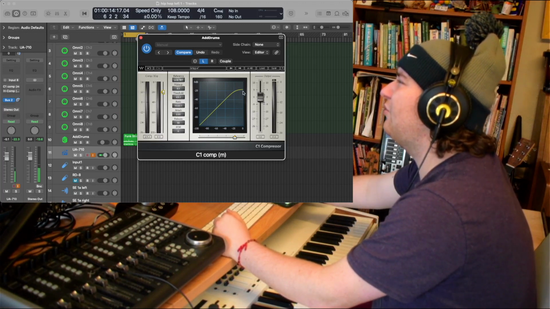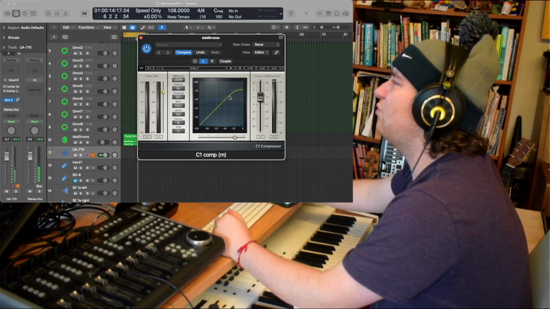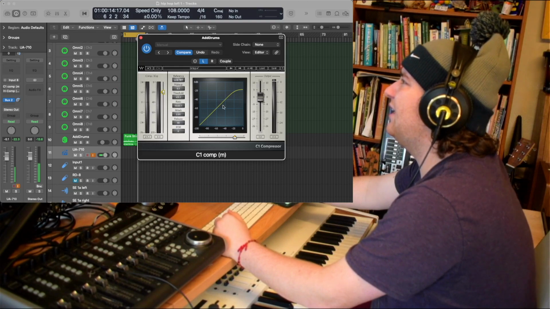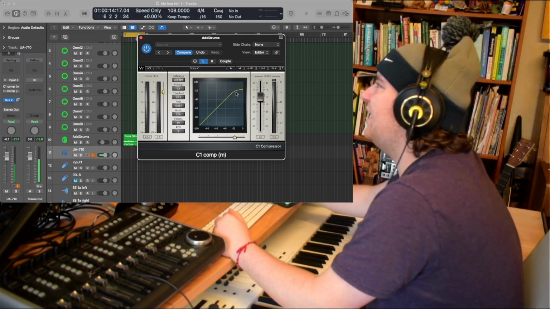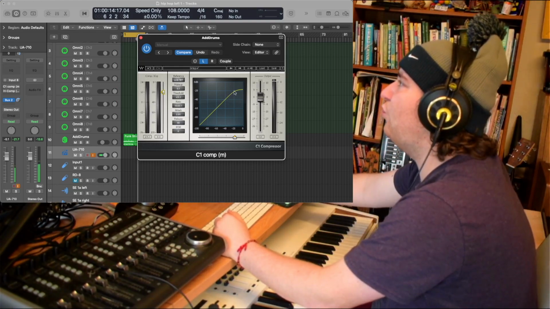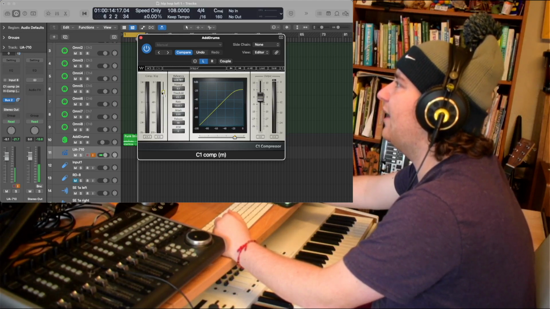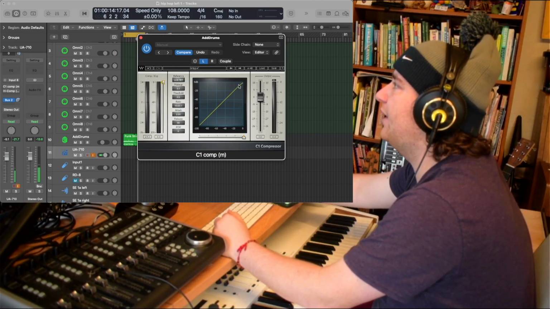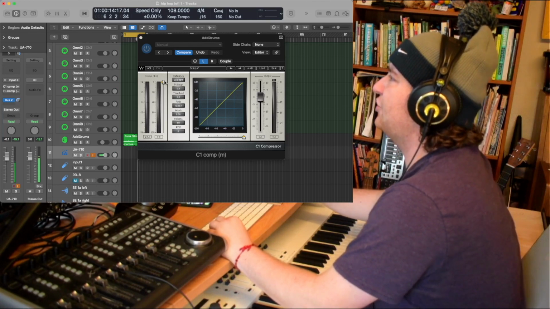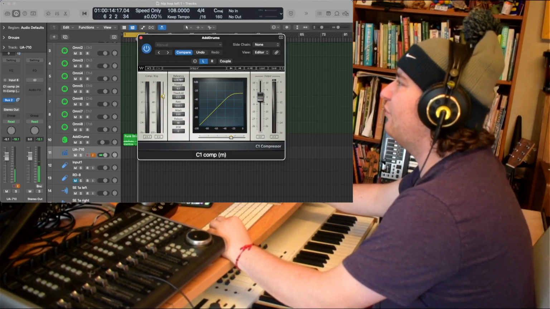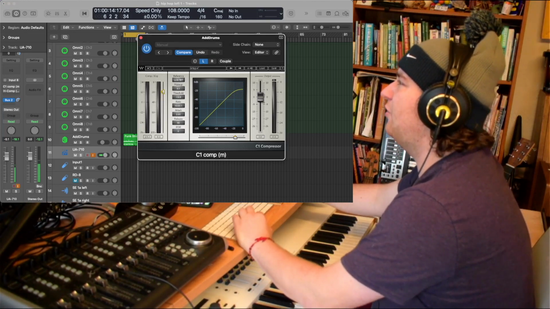I think that's a really good visual representation of what compression actually does. It is taking that sound that would have gone straight up this line without the threshold, just straight on up, right? But it's actually making it so that it is being affected. So I just want you to notice that.